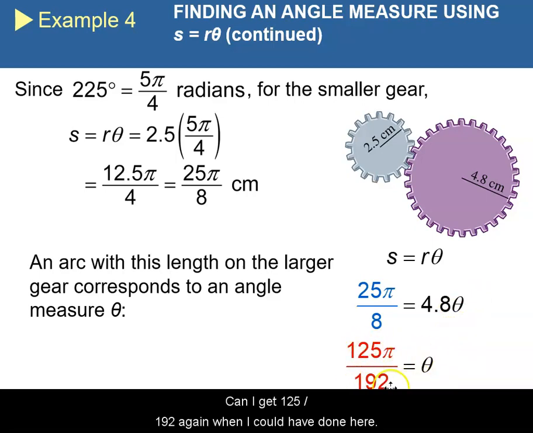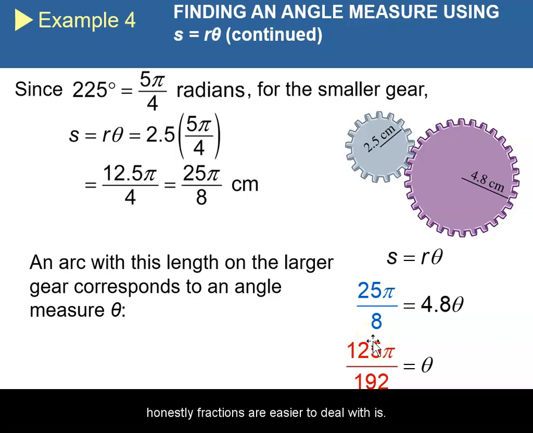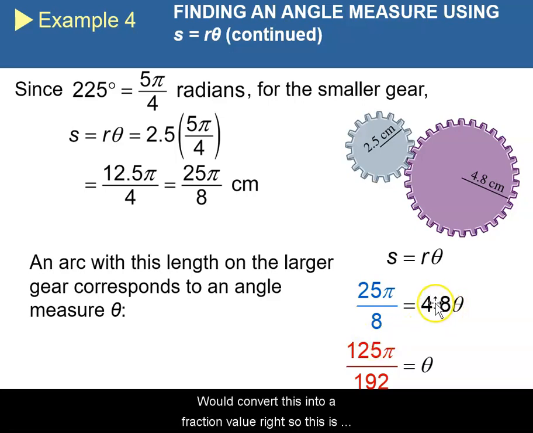and I get 125 over 192. Again, what I could have done here, something easier to do to keep it in fractions, because honestly fractions are easier to deal with, is convert this into a fraction value, right? So this is really 4 plus 8 tenths. This is in the tenths place, so I could say 4 plus 8 over 10. Convert that into an improper fraction, which would be 48 over 10, right?